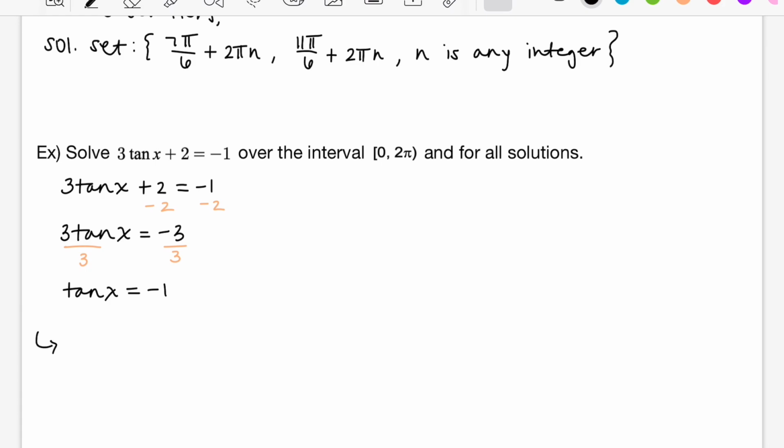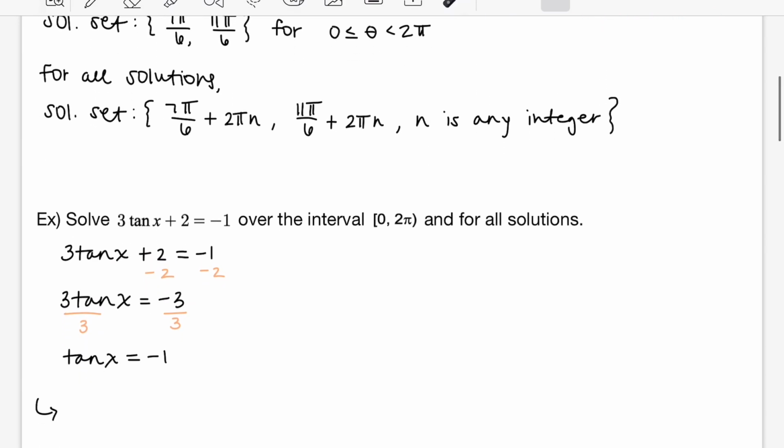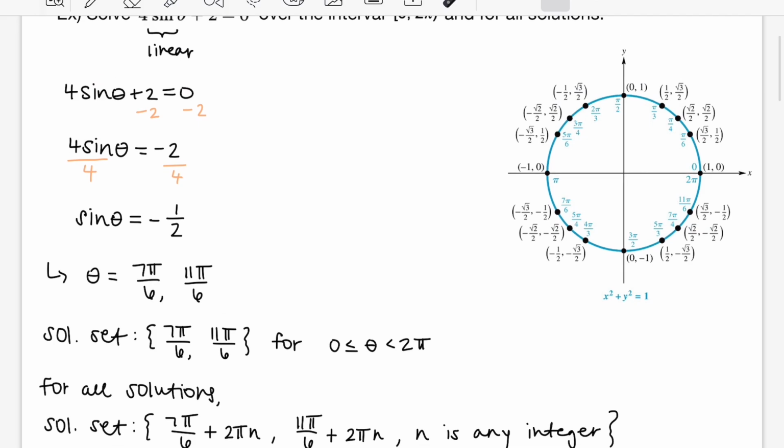So looking at our unit circle, that's going to be, because tangent is going to be sine over cosine, so when tangent x is going to be equal to -1, this is going to be when sine and cosine are going to be opposite values, or opposite in sign. So for example here, 3 pi over 4, cosine is -√2/2 and sine is √2/2, so sine over cosine would give us -1. And similarly for 7 pi over 4 here for the same reasoning.